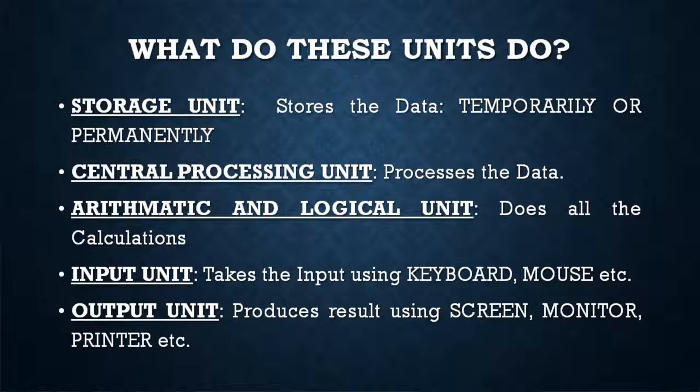Along with that, we also have a central processing unit which performs all types of calculations. An arithmetic and logical unit is a subunit of the CPU which makes sure that all the calculations to be performed as per the need of the user are done here. An input unit helps to take the input from the user in any form.